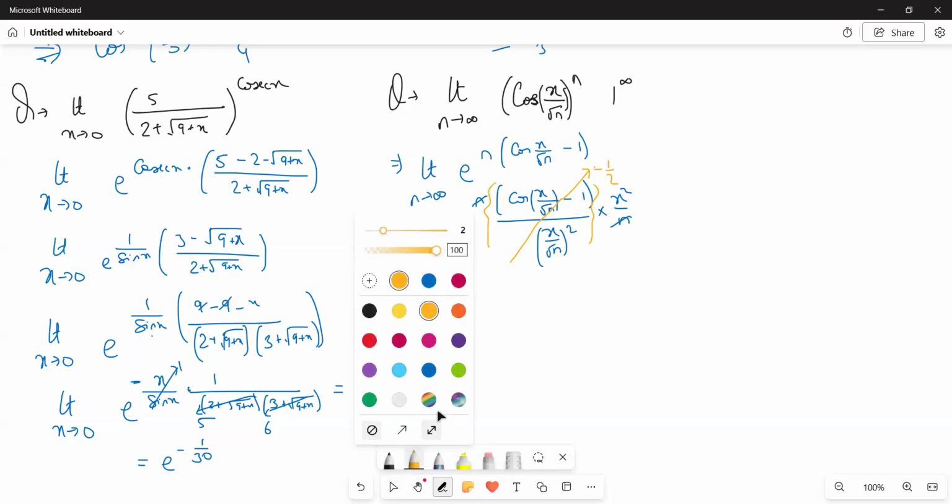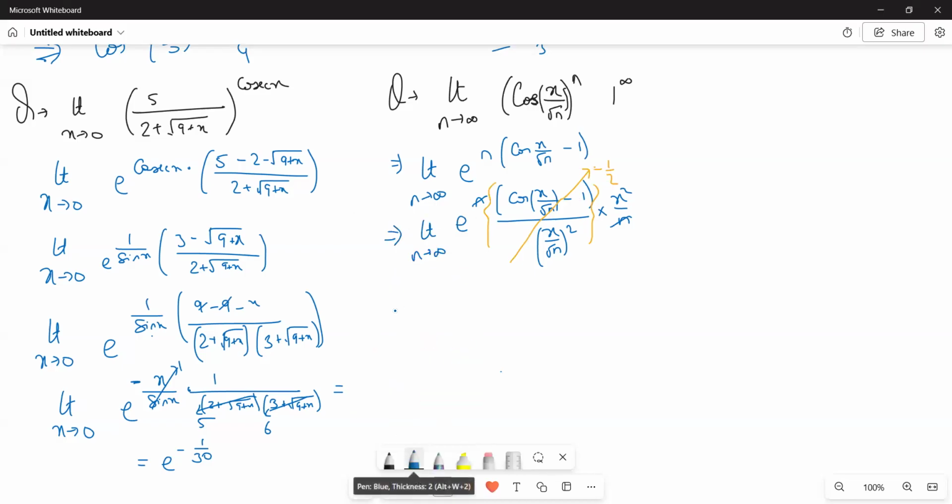Please be careful of these things. So the answer of this would be e to the power minus x square by 2. Remember, x will be part of the answer. Limit is applied on n, so x would be treated as a constant. Don't make x disappear. This would be the answer, e to the power minus x square by 2.